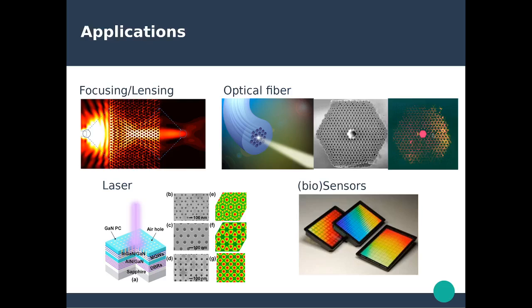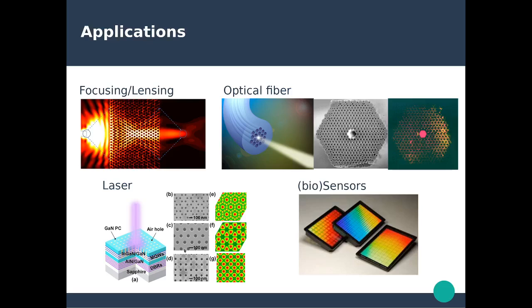This is just an image of the confinement of the optical signal within such an optical fiber. So you can drastically decrease the volume of the optical fibers to a very, very small micron scale element.